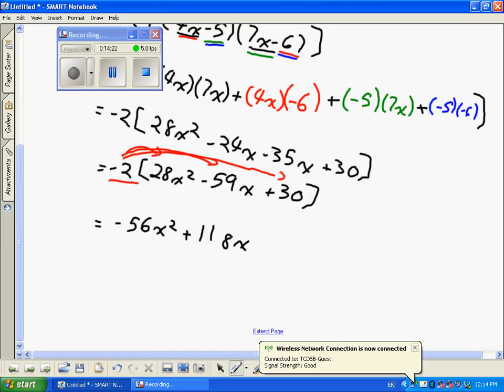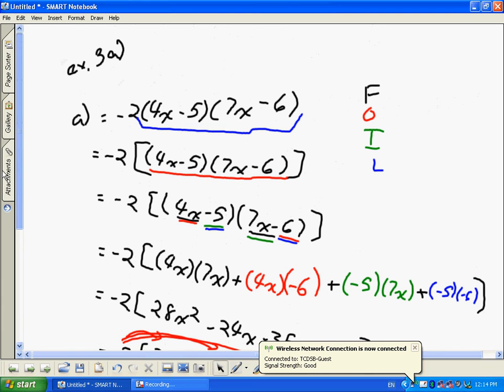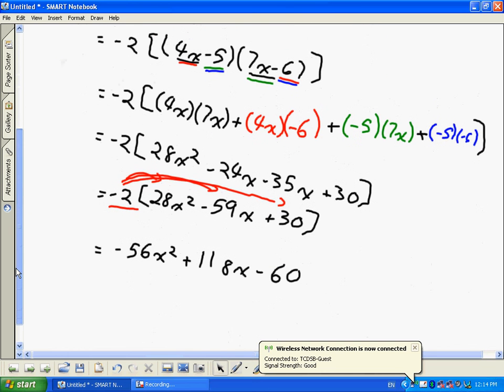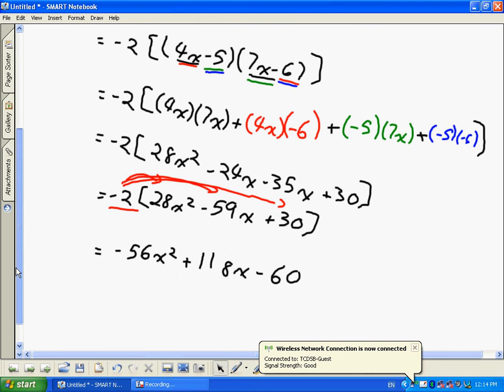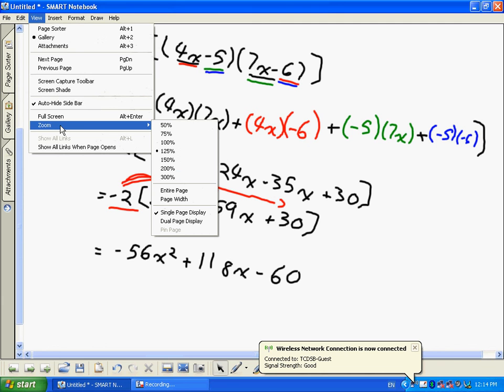And negative 2 times positive 30 is negative 60. So, if we look back at the top again, walk us through this. We dealt with our FOIL first. We multiplied our brackets. Once we simplified the brackets, we distributed the negative 2, and finally simplified the rest of the question.